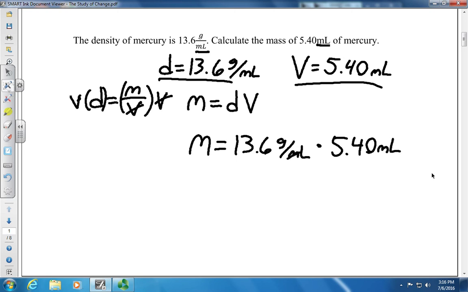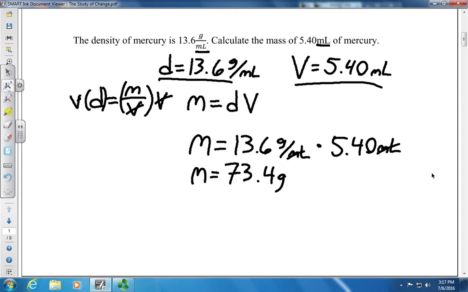Well, you'll find that milliliters and milliliters cancel each other out, and you're left with grams, which is exactly what you want in an equation like this, because mass is generally measured in grams or some derivative thereof. So our mass, after you've put it through the calculator or done it by hand, turns out to be 73.4 grams. And that's it.